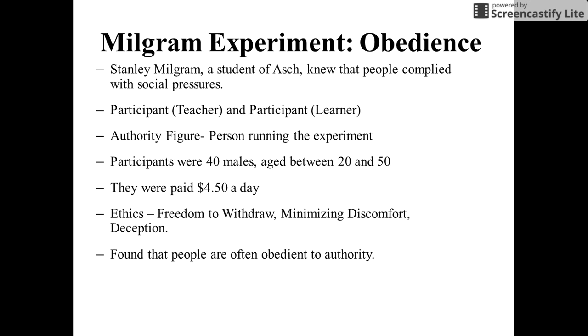There was an authority figure that was the person also running the experiment that overlooked it. And there were 40 males between the ages of 20 to 50, and they were paid $4.50 a day. There was a participant who was the teacher, and they were supposed to give electric shock to the learner if they got it wrong. And the authority figure overlooked the experiment.